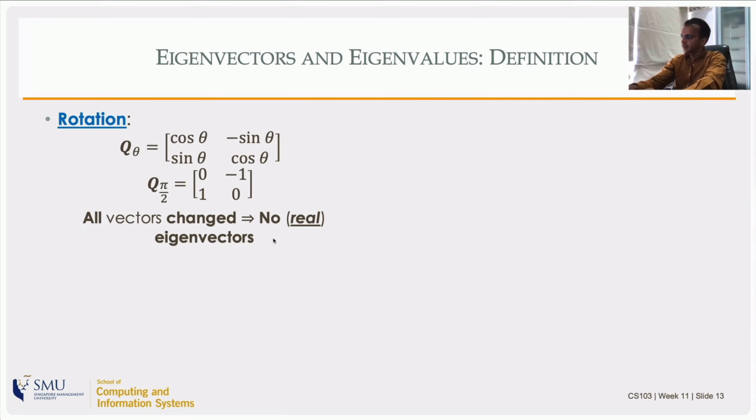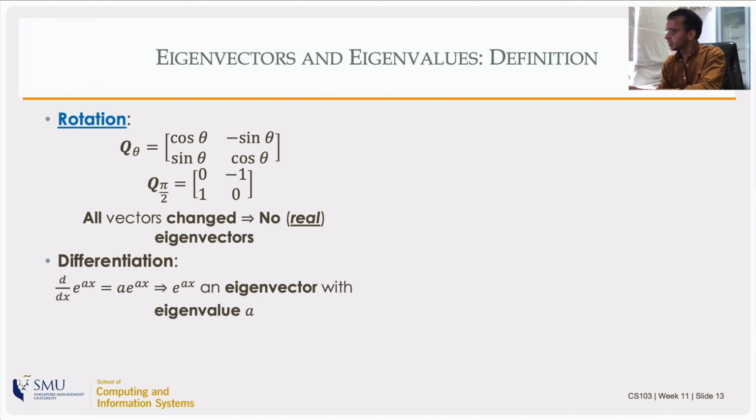The notion of eigenanalysis is not confined to vectors in the coordinate space where you have direction and angles. They are also applicable to vectors that are more abstract, like wave functions or functions. One such example is calculus differentiation, if you think of that as a linear operator being applied on a vector which is just a function, this particular function, e to the power ax.